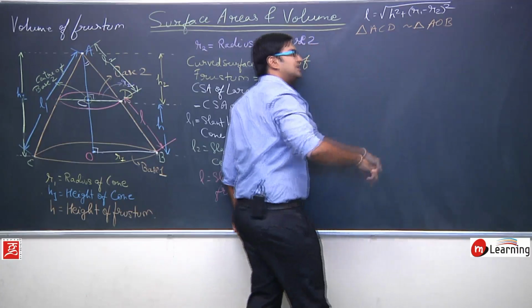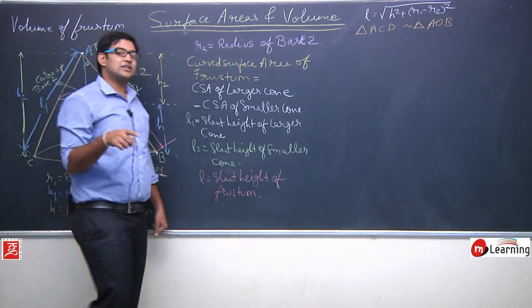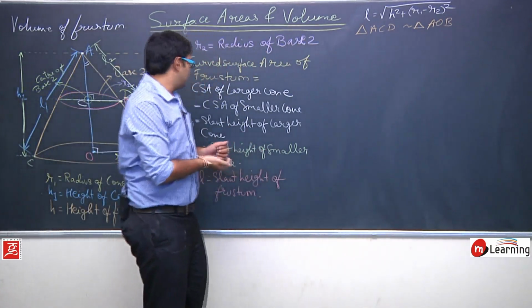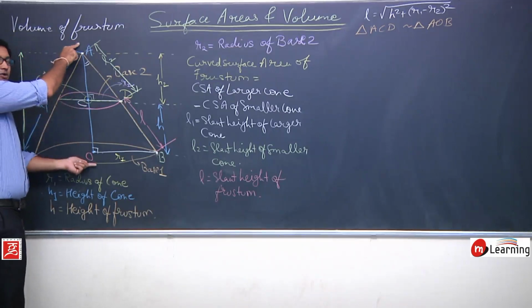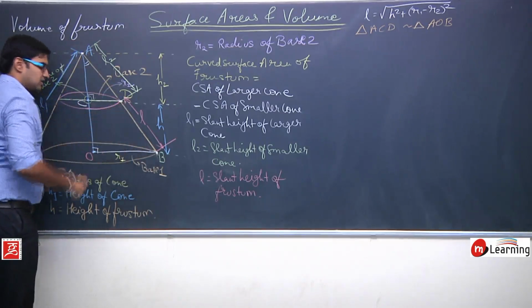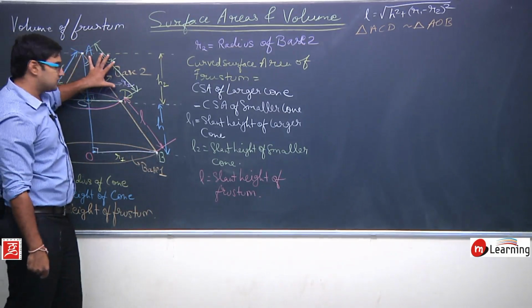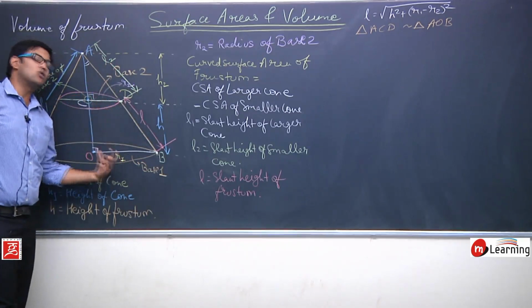We have seen previously that these two triangles are similar to each other. That's why the ratio of their sides has to be equal. So similarly, in the previous case I took this AC and this AO, then this CD and this OB. But now I will use AD and AB and CD and OB.